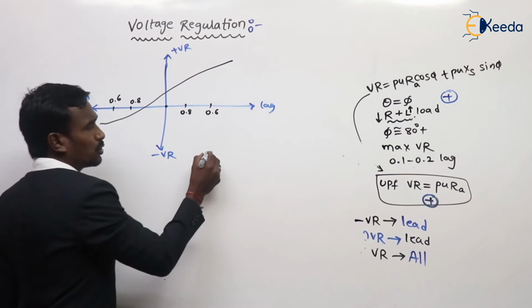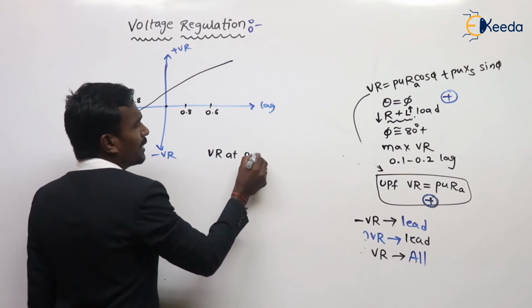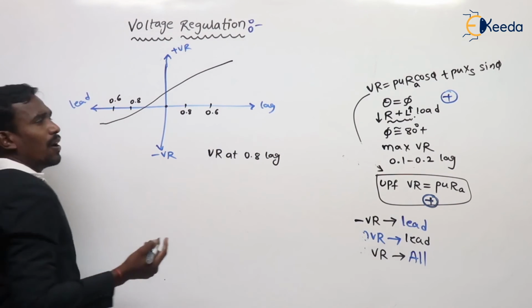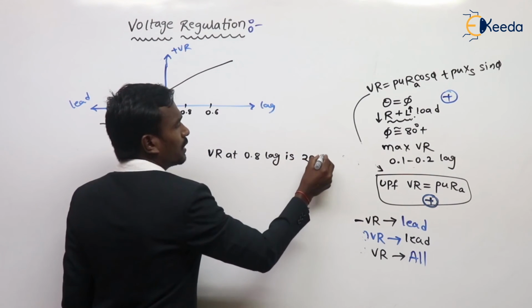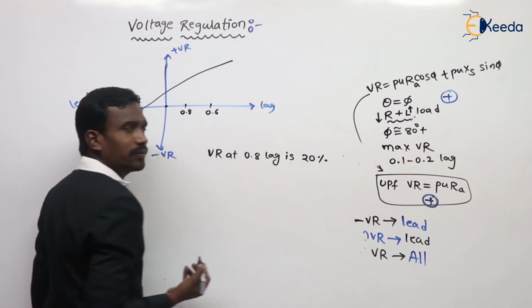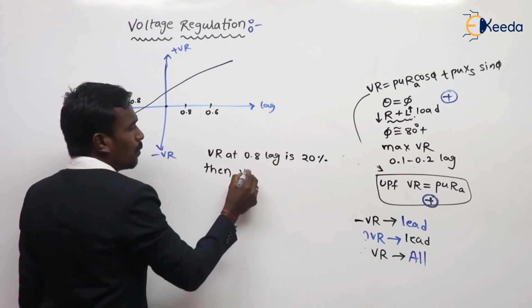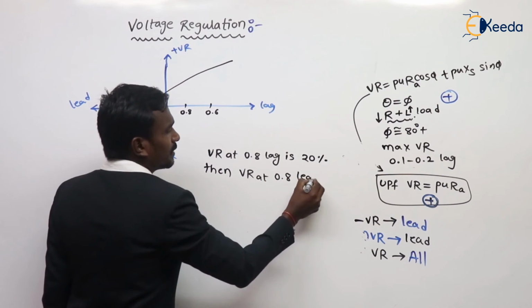Now they will ask you a question. Voltage regulation at 0.8 lagging is 20%. Then voltage regulation at 0.8 leading.